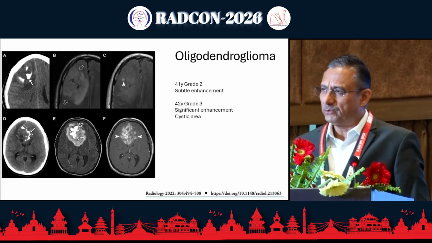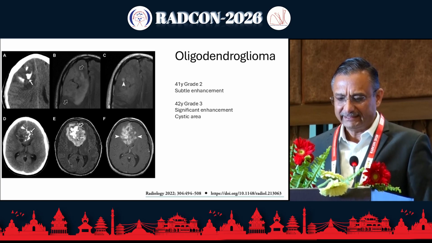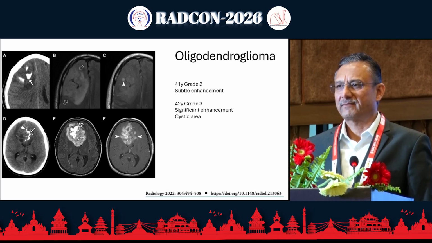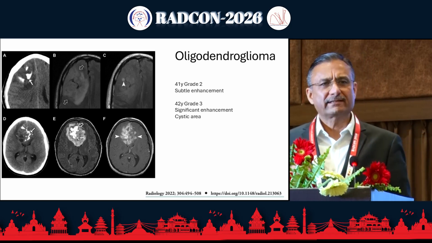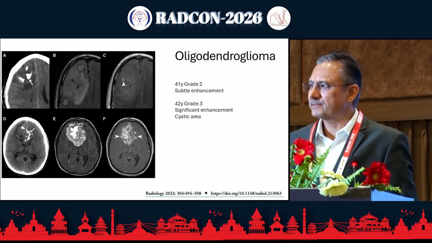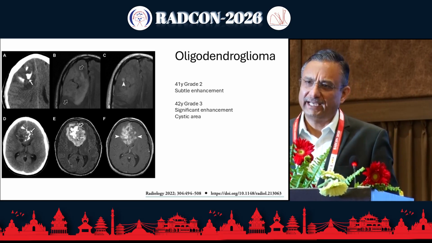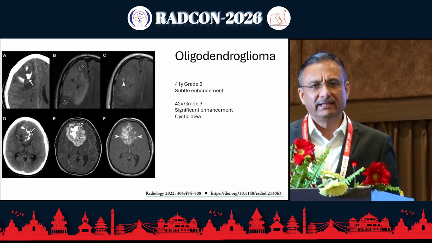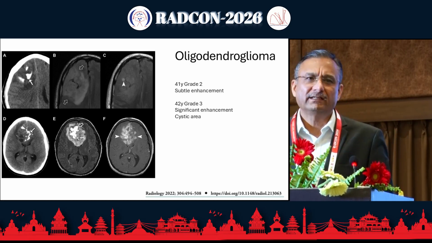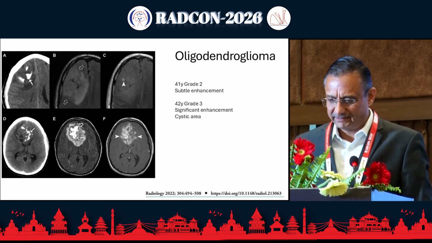As far as an oligodendroglioma is concerned, the signature is this kind of curvilinear calcification. So, it is a good idea to get an NCCT done in tumors, even if you have got an MRI done, because calcification is best and most easily understood by us on a CT scan, even by the surgeons.